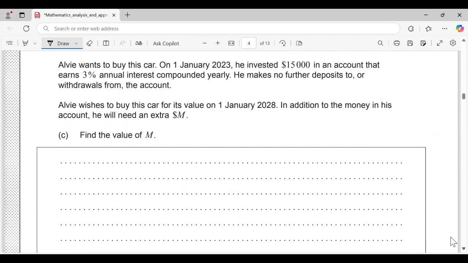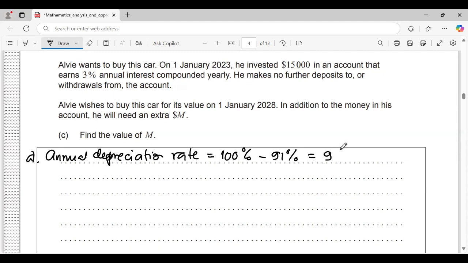We can determine the annual depreciation rate: it is 100% minus 91%, and it is 9%. So the annual rate of depreciation of the car is 9%.